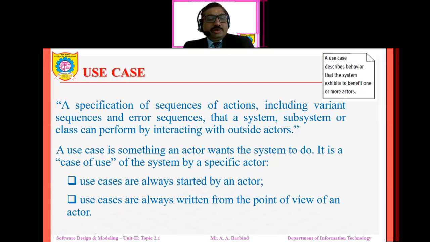So it is a use of the system by a specific actor. Usually the use cases are related to specific actors. The use cases are always started by an actor. Use cases are always written from the point of view of an actor.